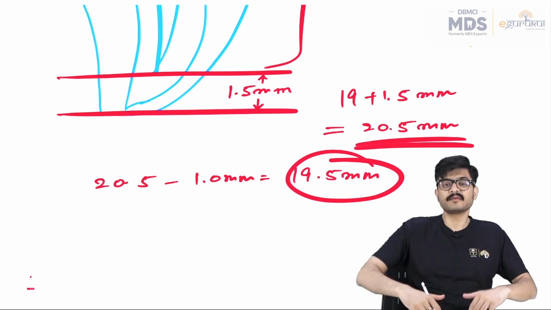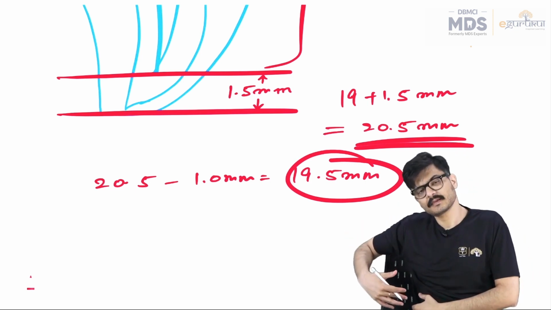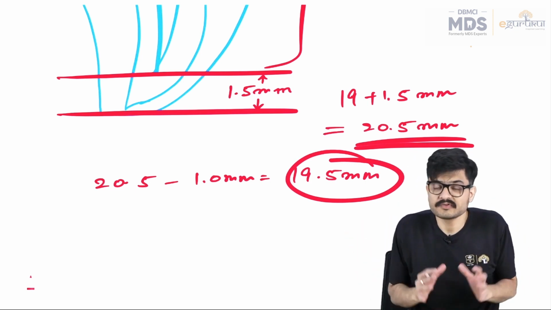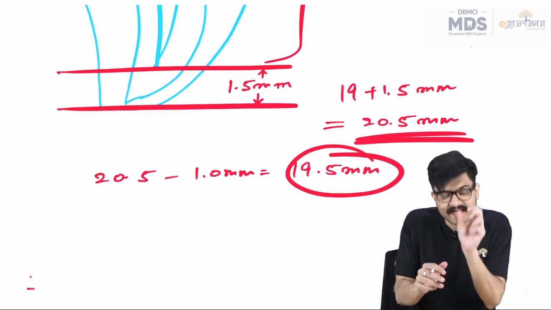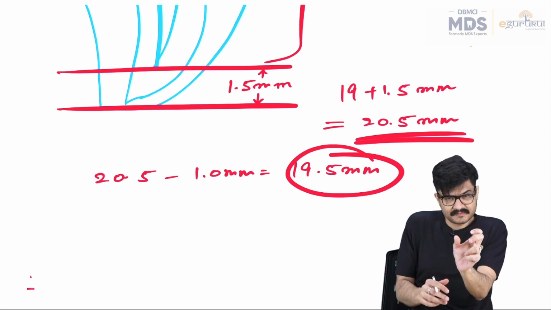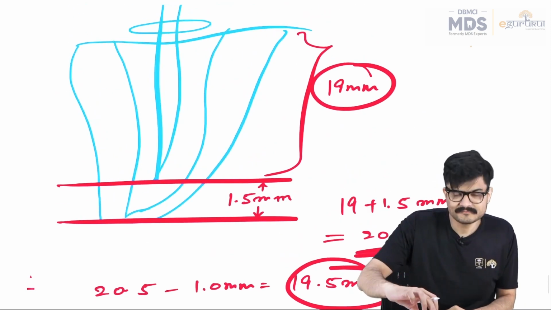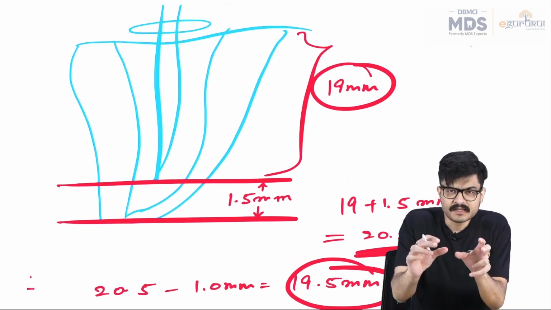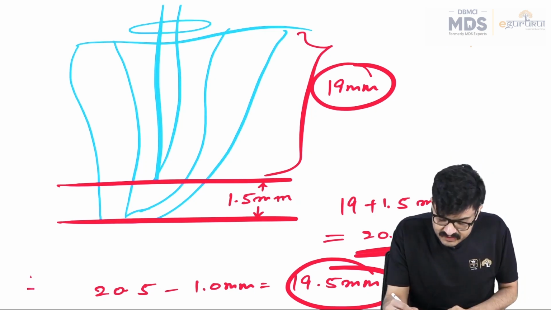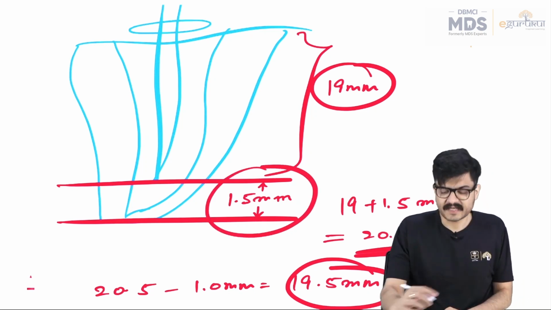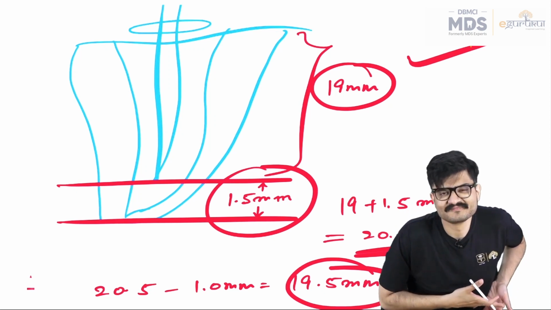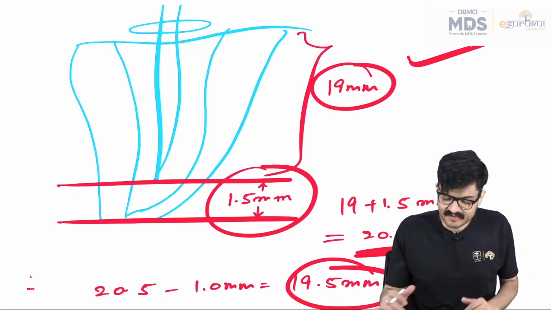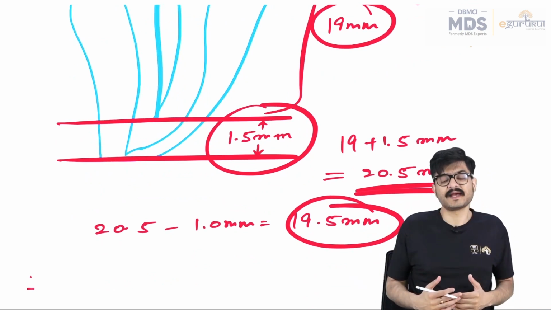So this is a method in which we sequentially reduce the error. There is no guarantee that there is no error in this also. But the level of error is very less. Because if this X-ray is also distorted, the second X-ray is also distorted, the distortion is only happening for this 1.5 mm. This 19 mm is definitely correct because that is the length that I measured physically. You understand? So I have reduced my level of error.